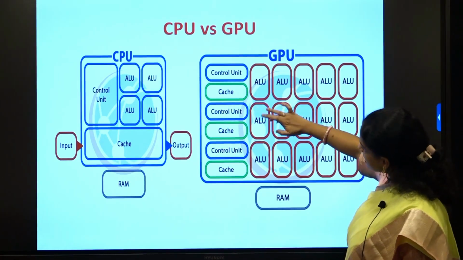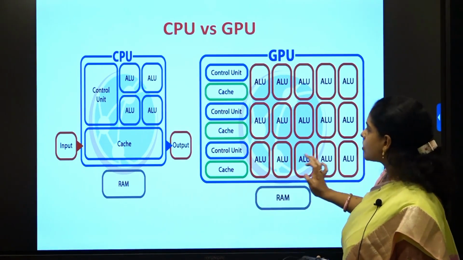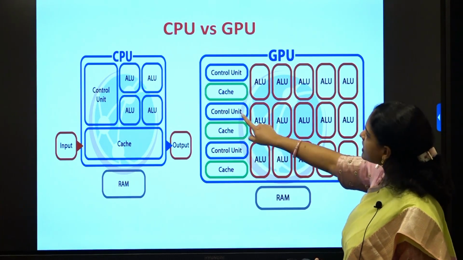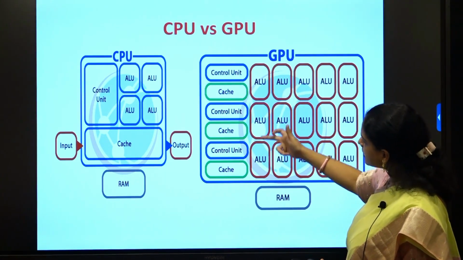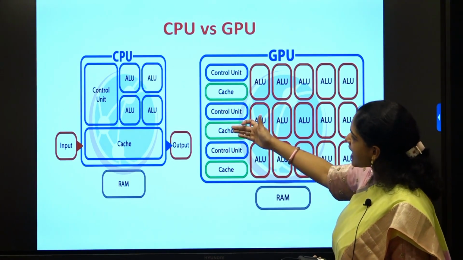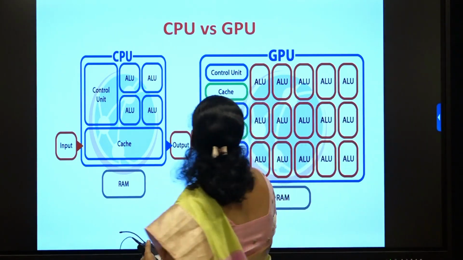Since you have 3 units, all 3 units can start their execution at a time. A control unit can give a task to one ALU at a time, so all 3 control units can assign tasks to 3 ALUs at a time. They have their own cache memory. So this is the difference between a CPU and a GPU.